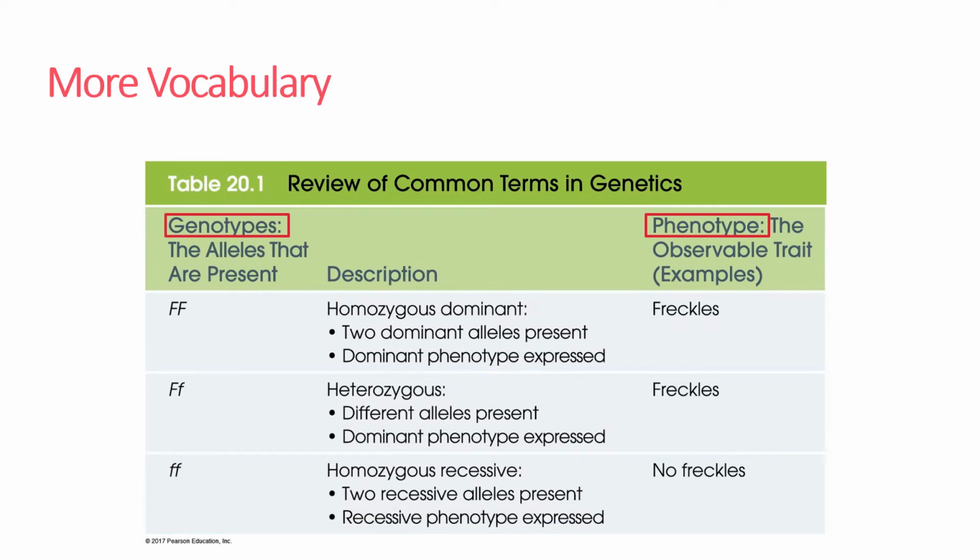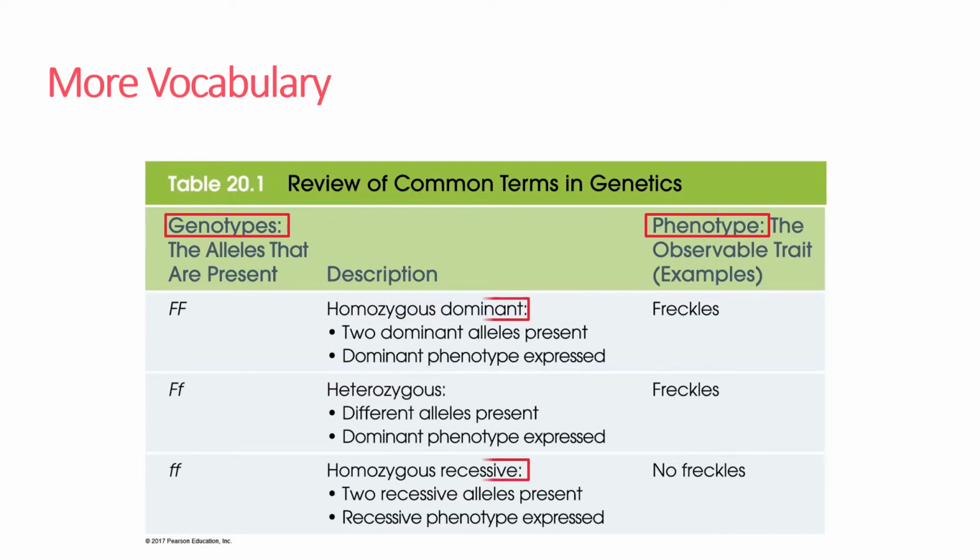If an individual has two of the same alleles, we say that that individual is homozygous. If, on the other hand, an individual is carrying two different alleles for the same gene, we say that that individual is heterozygous.